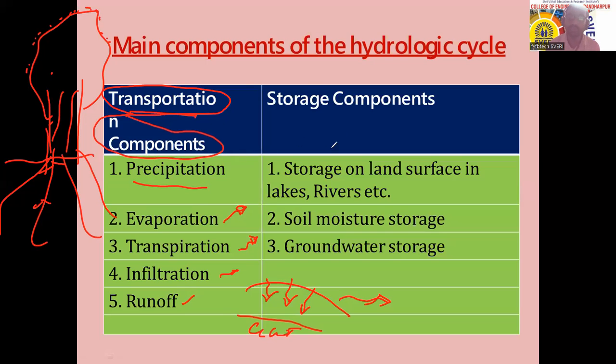Then where water is actually stored, those are the storage components. Water is stored on the land surface, in lakes, in rivers. Then water is stored as soil moisture: in soil there are pores or voids, and in those voids some amount of water is stored.